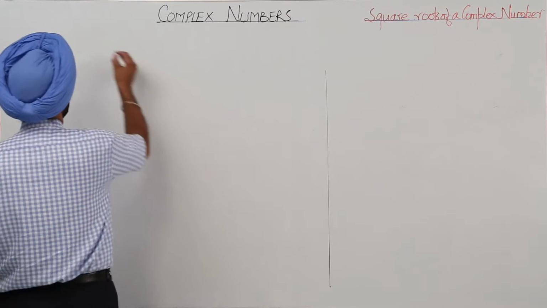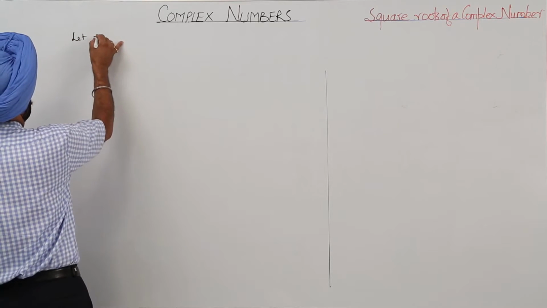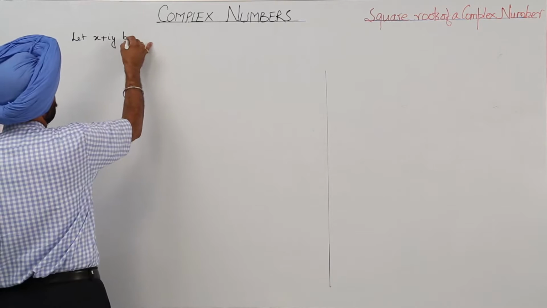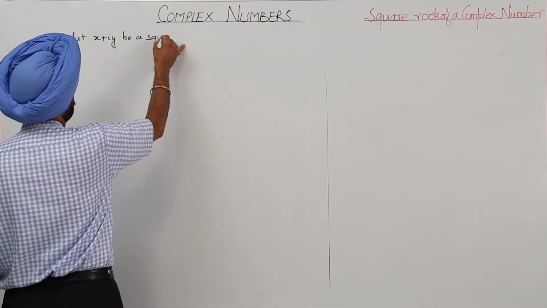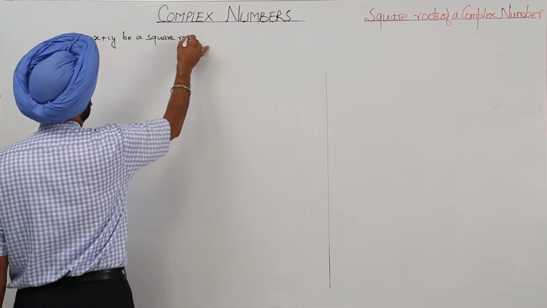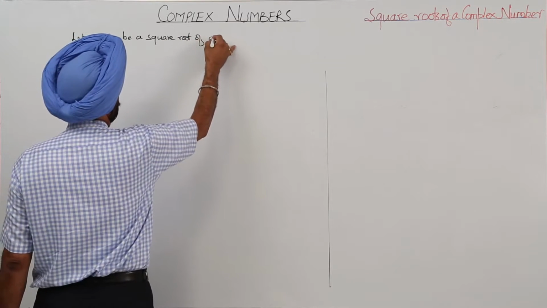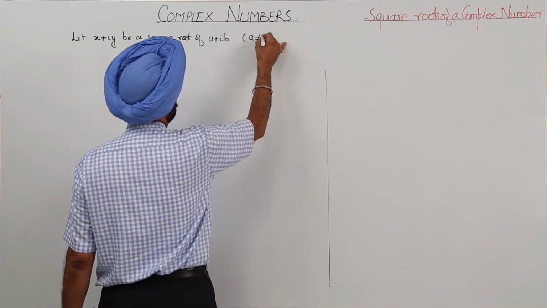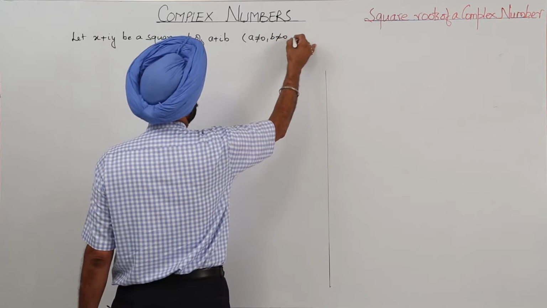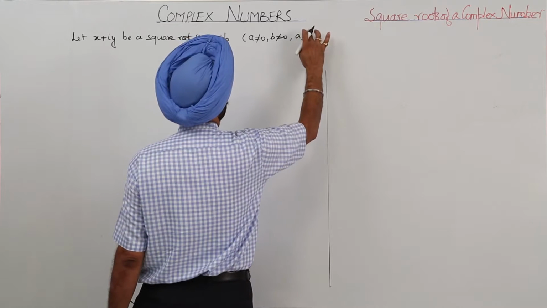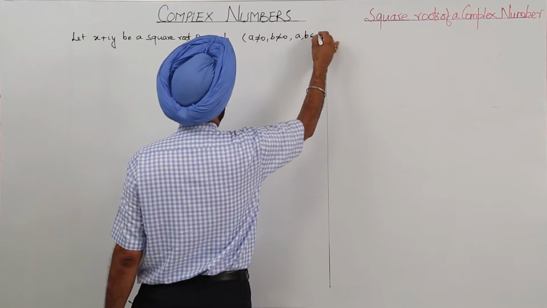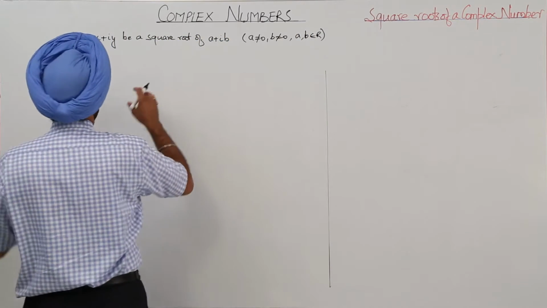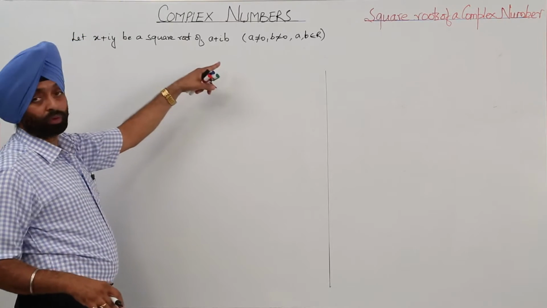Now, let x plus iota y be a square root of a plus iota b, where a is not equal to 0, b is not equal to 0, and a comma b belongs to real numbers. So, we have written x plus iota y be a square root of a plus iota b.